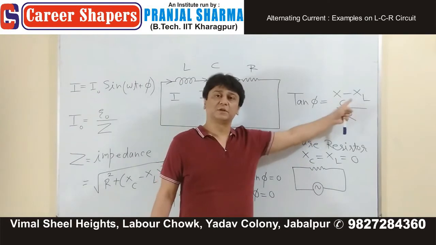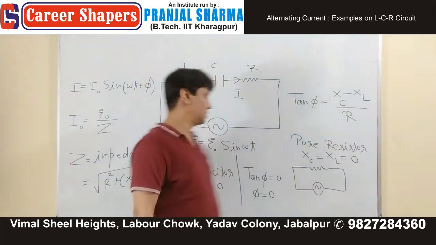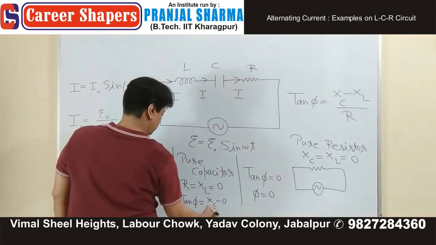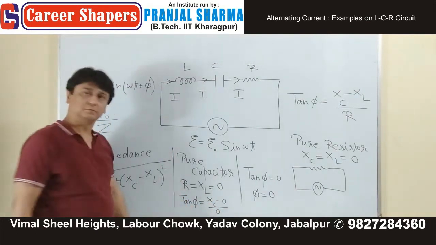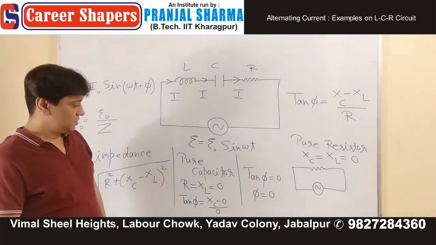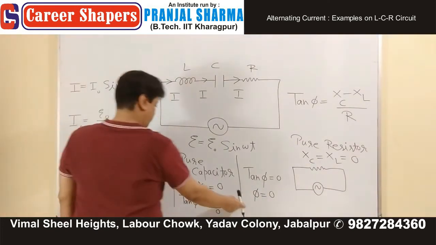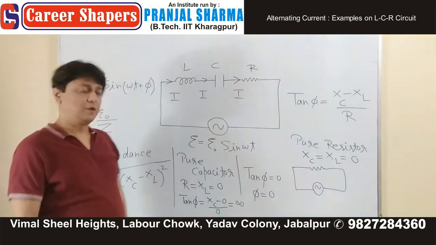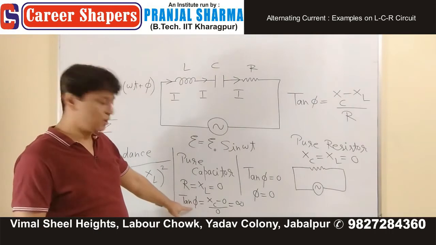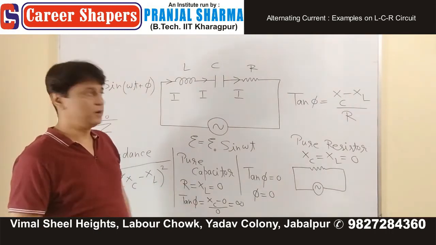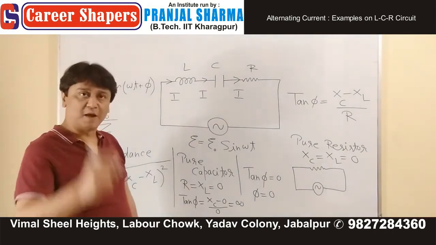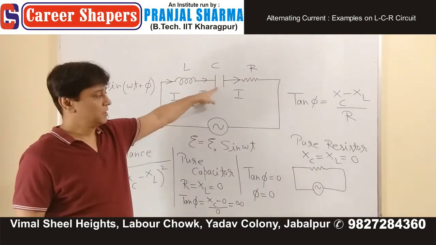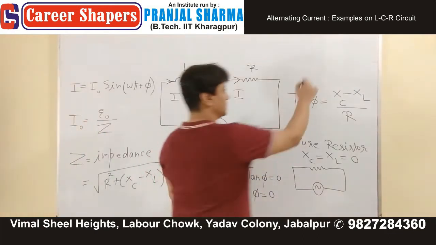Only Xc is present, XL is not there, R is not there, which means this is Xc minus 0 divided by 0. So what is tan phi then? Tan phi is coming infinite. And when tan phi is infinite, what's the value of phi? Pi by 2.